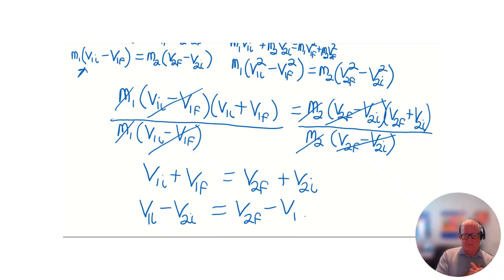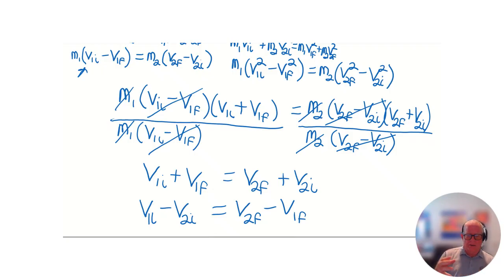Now, this might be a little bit obscure what this represents, but let's just imagine that we have the situation where, like we said initially, we have cart 1 going to the right initially and cart 2 going to the left. Well, that means cart 2 has a negative velocity. So what does v1 initial minus v2 initial mean?